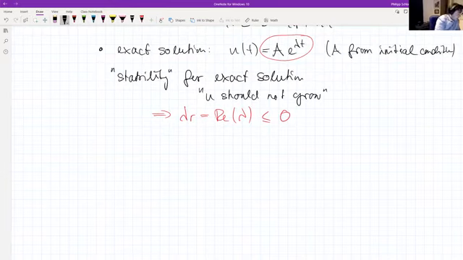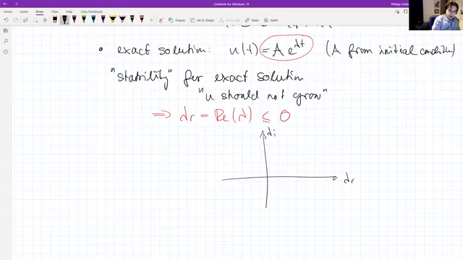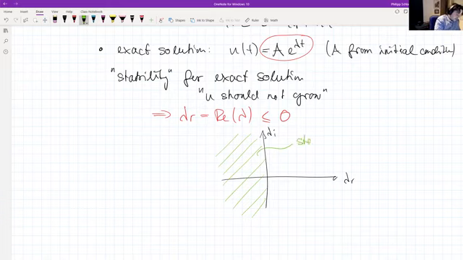If I draw that in a diagram where I plot lambda I, lambda r, this region here would be the region of stability for the exact solution, or the analytical solution.